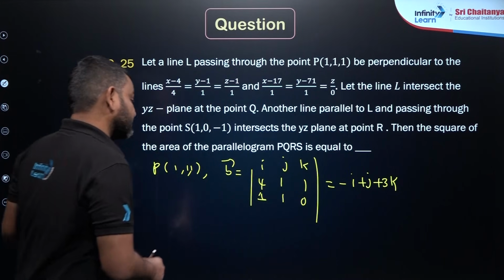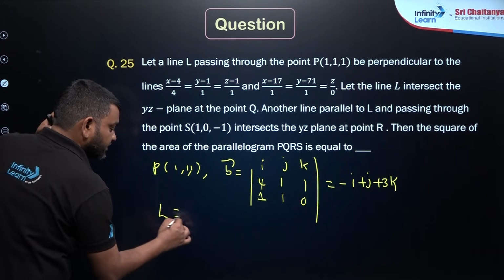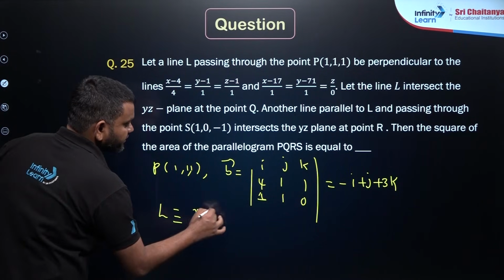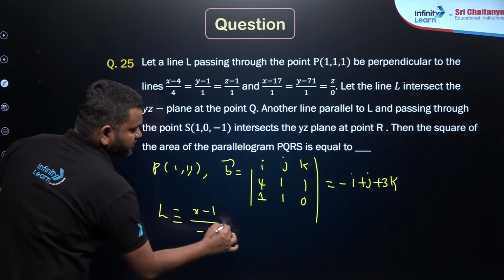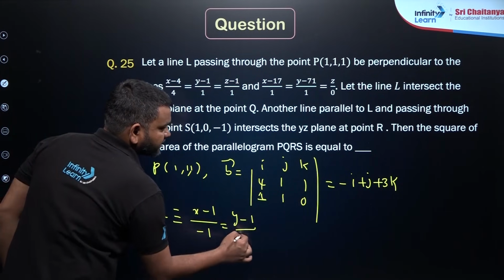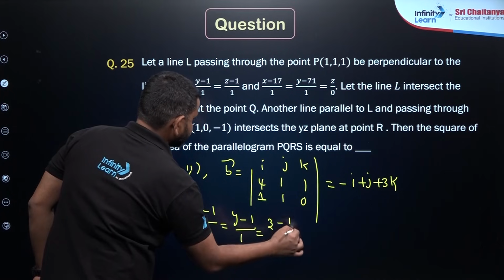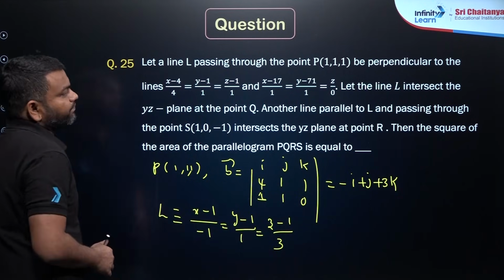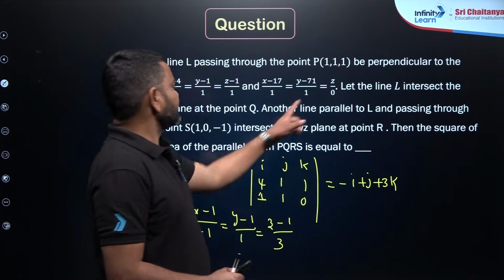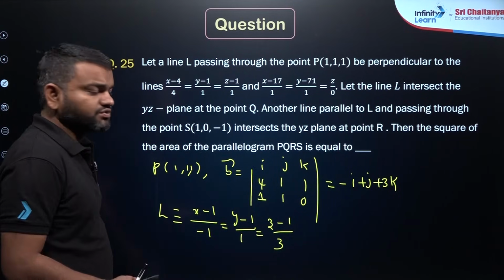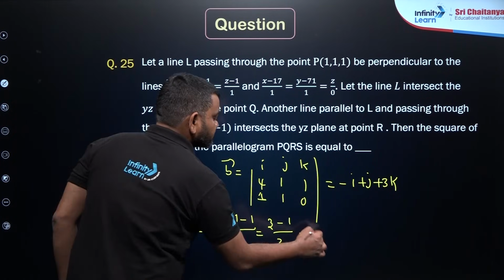So the line L equation is going to be x minus 1 by minus 1 equals y minus 1 by 1 equals z minus 1 by 3 I can write. This is the line. Let line L intersect YZ plane. So let us say this is equal to some lambda.